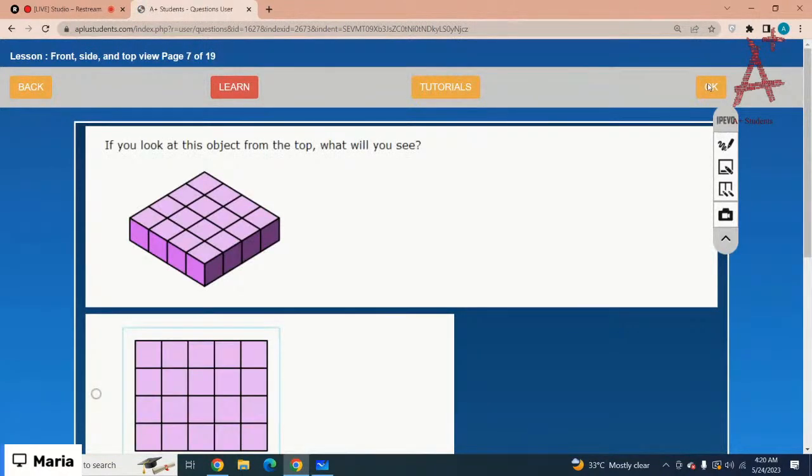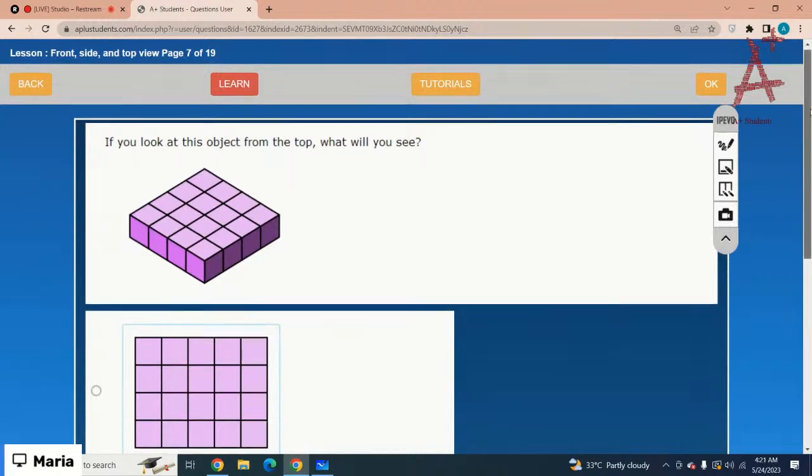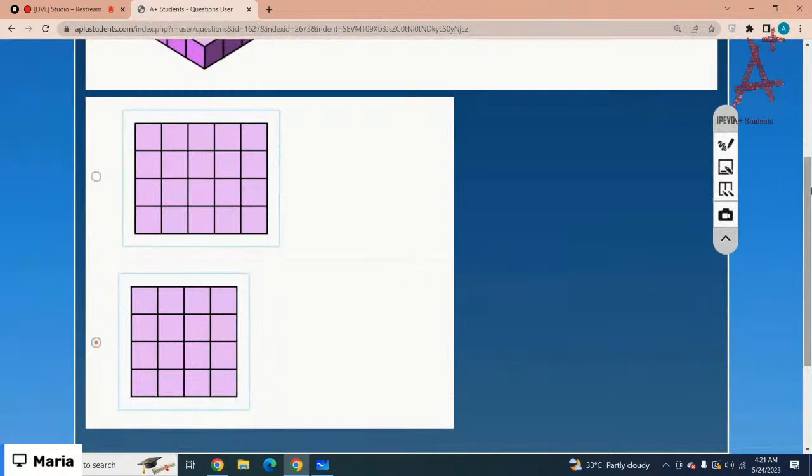Okay, if you look at this object from the top, what will you see? It would be the second one.